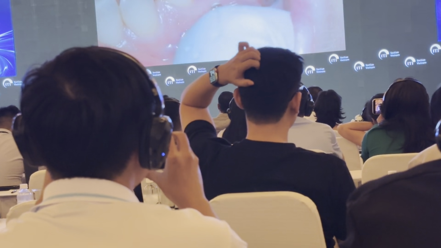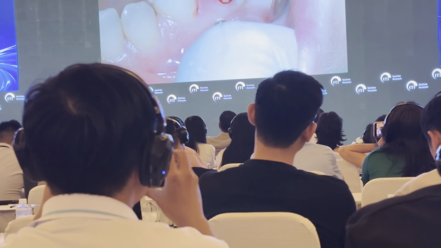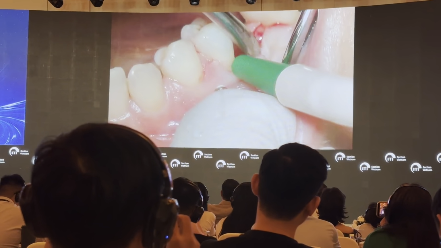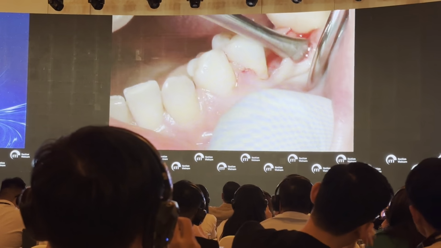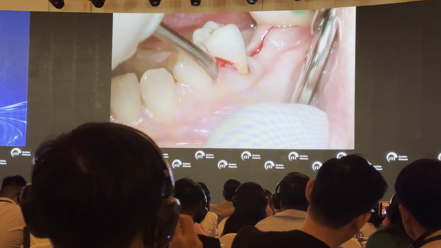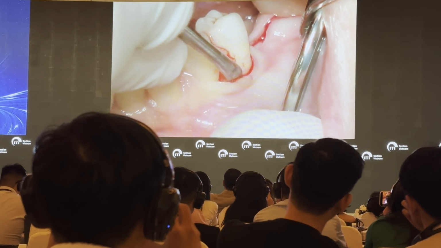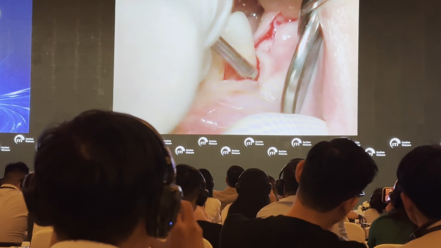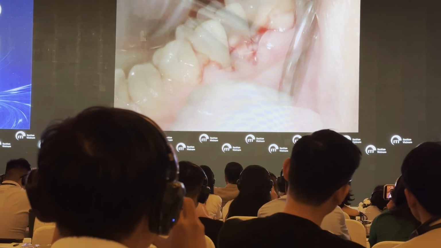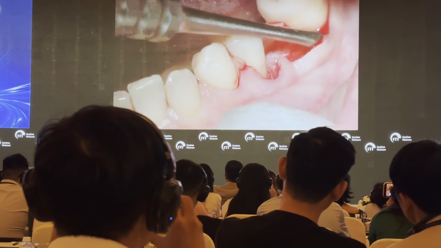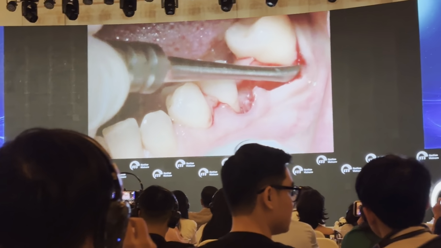Split thickness papilla between the 2 premolars, full thickness intrasulcular at the level of the second premolar and in the central portion, because the flap is going to be coronally advanced, and we will take advantage of the surgical procedure to improve also the quality of the tissue at the level of the premolar.